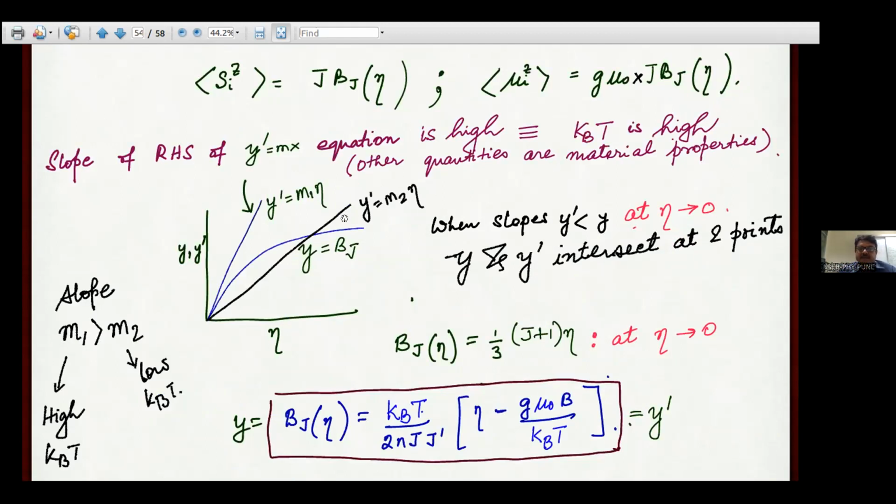So basically, if you note, for small values of eta, the Brillouin function behaves like (j plus 1) over 3 times eta at eta equal to 0. Here, of course, it looks like a tan hyperbolic, but here it behaves like a nearly straight line close to eta equal to 0.